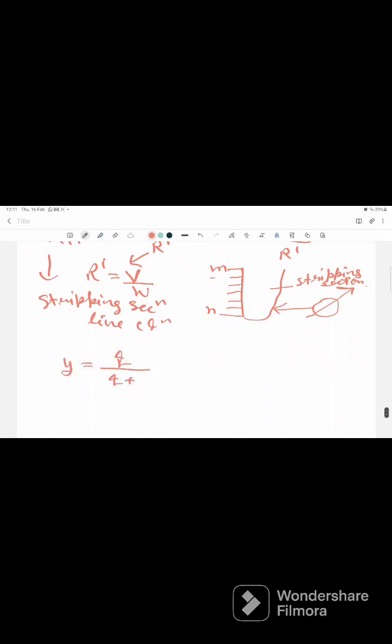Y is equal to (q by q plus 1) x plus 1 minus xF upon q minus 1.